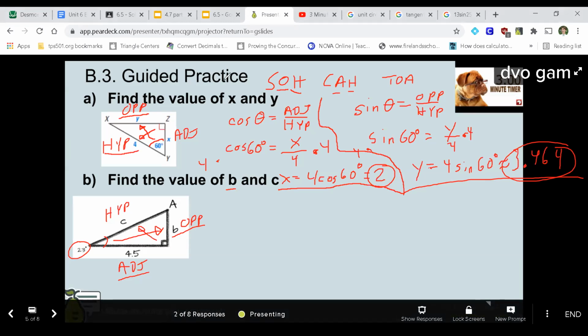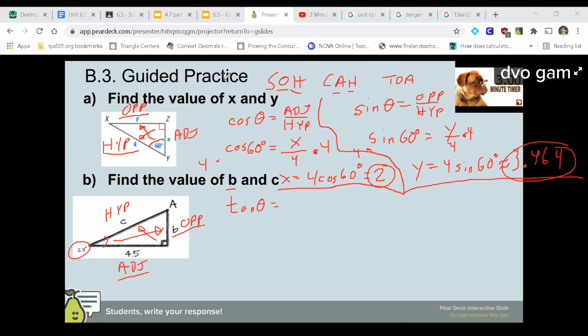So we're gonna write that the tangent of any angle is opposite over adjacent. For our problem, if we plug in our values, our angle is 23 degrees. The opposite side is B, and the adjacent side is 4.5.